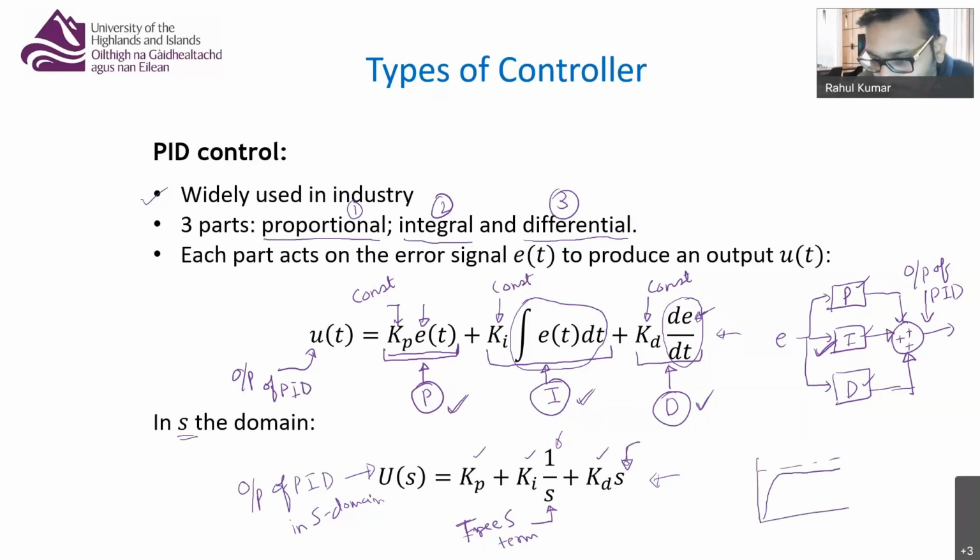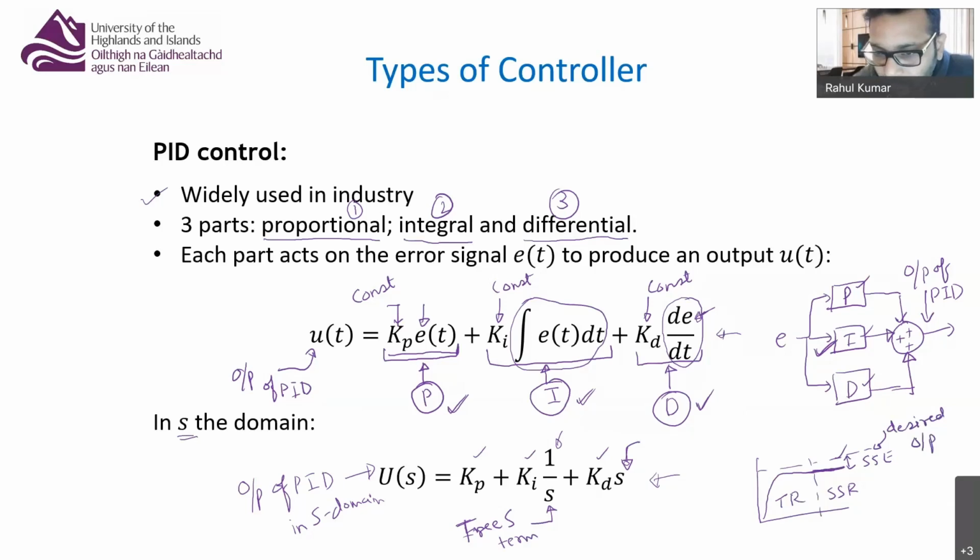That's your desired value, and the difference is called the steady state error. You have a transient response and a steady state response, right? So the steady state error is the difference between the desired output and the output in the steady state region.